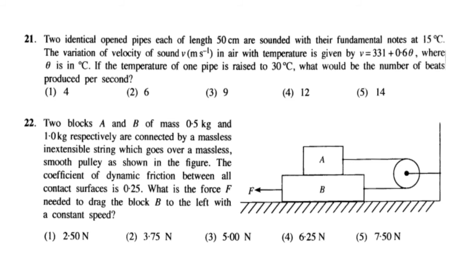For A, the mass of A is 0.5 kilogram, so weight is 5 Newton downwards. And when you take B, you have to take the total mass of 0.5 and 1 kilogram, that is 1.5 kilogram, so 15 Newton downwards on B. Then mark the tension.